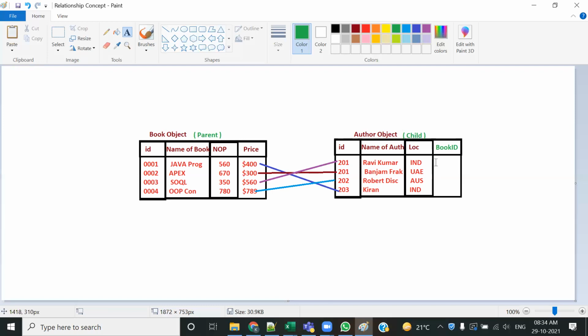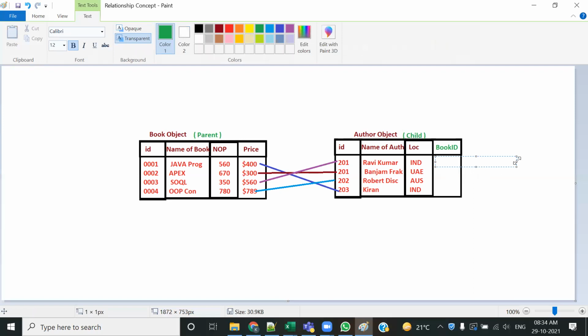So inside the record of Ravi Kumar, I should write who is the parent for Ravi Kumar. The parent is SQL. So what is the ID? 0003 is the book ID for Ravi Kumar.